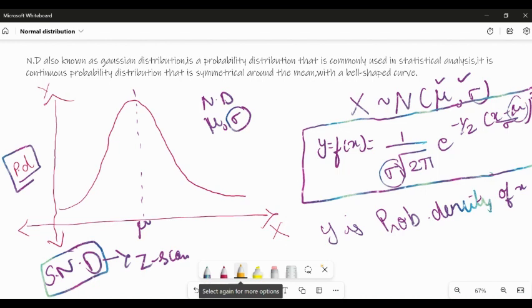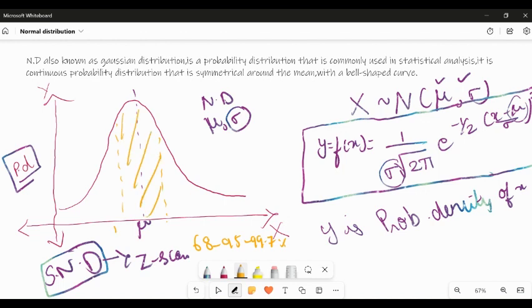Okay, we used to say the standard normal distribution follows the empirical rule, 68, 95, 99.7 percentage. The normal distribution is also called the empirical rule. The rule is called the 68, 95, 99.7 rule, that states that approximately, I'll just mention here, 68 percentage of the data falls within one standard deviation.